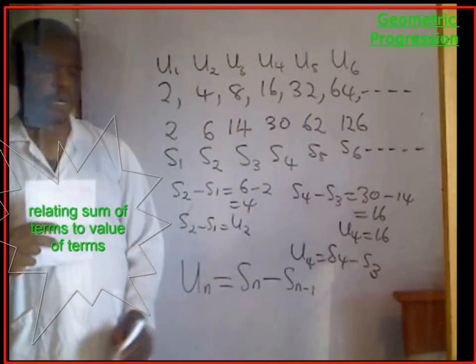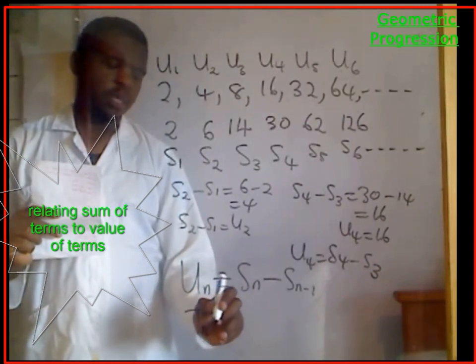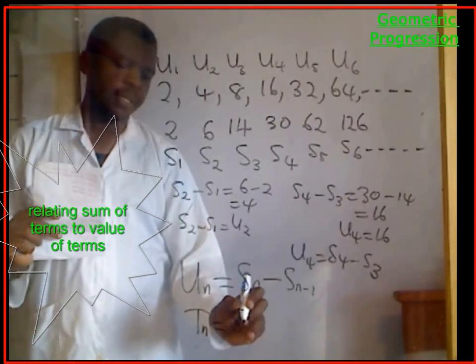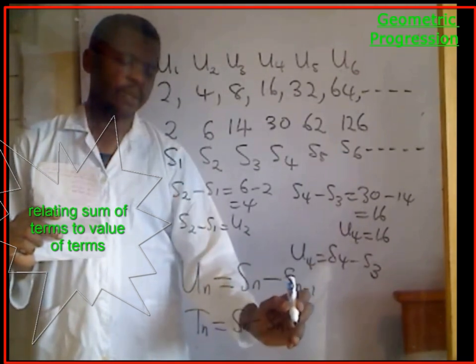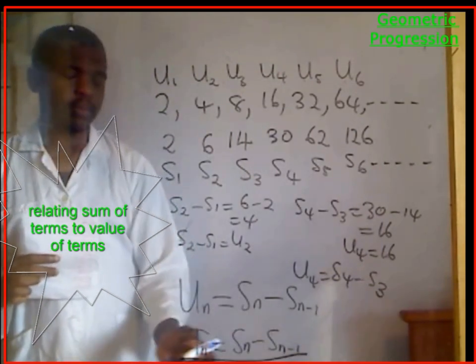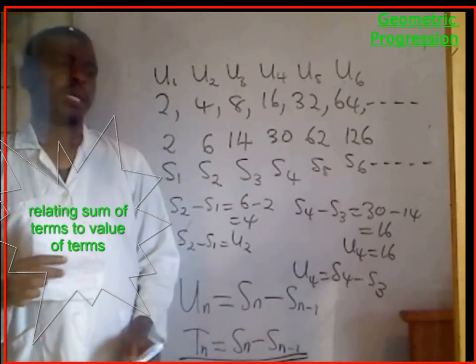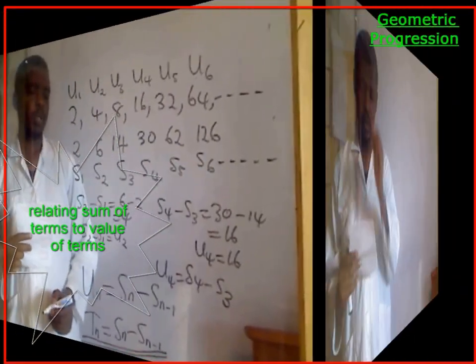We can equally quote the formula as Tn is equal to Sn minus S(n-1). Let's now use this formula to solve one or two problems.